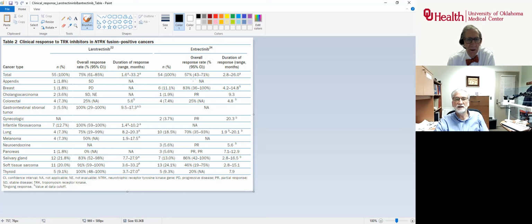Entrectinib, which is a little bit less specific NTRK inhibitor, is somewhat lower. A whole number of different tumor types were treated in these trials, and response rates are pretty good. In some cases, although they had only 3 cases, all 3 responded really well.